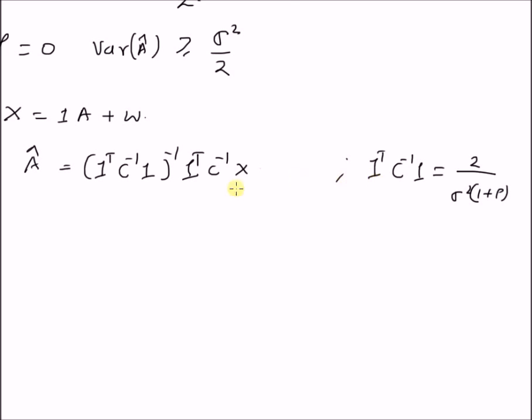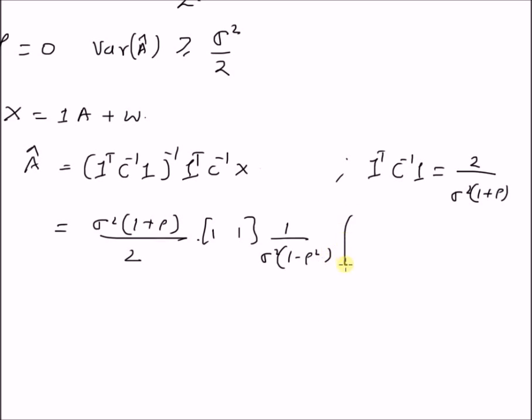So the inverse of this product is clearly equal to sigma square multiplied by 1 plus rho over 2. And then we have the transpose of vector 1, which is a row vector of 1s. And then we have the inverse of covariance matrix C, which is 1 by sigma square into 1 minus rho square multiplied by [1 minus rho; minus rho 1], multiplied by the observation vector x. So we can clearly see that sigma square cancels with the sigma square, and 1 plus rho cancels with one of the factors in 1 minus rho square.